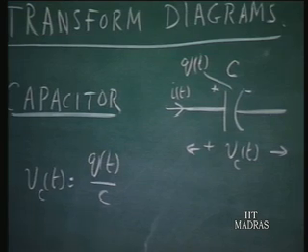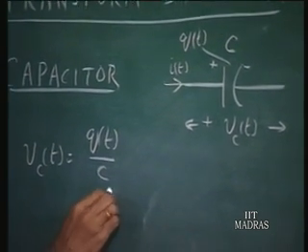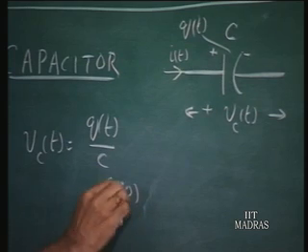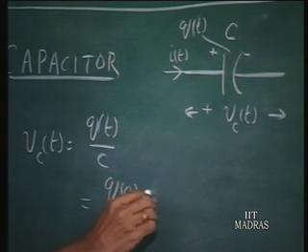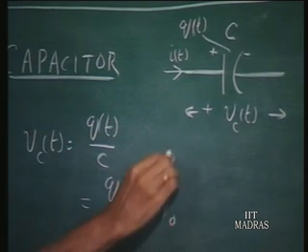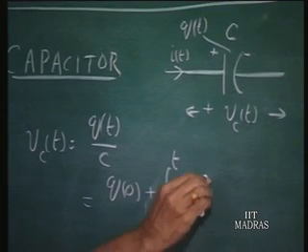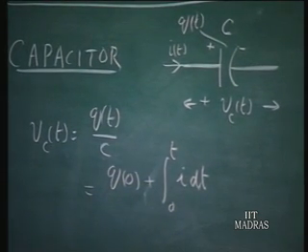We can write this Q of t over C as the initial charge on the capacitor at time 0 plus the extra charge that has been deposited on the capacitor plates in the interval from 0 to t. So integral 0 to t of I dt is the additional charge on the capacitor in the interval from 0 to t.